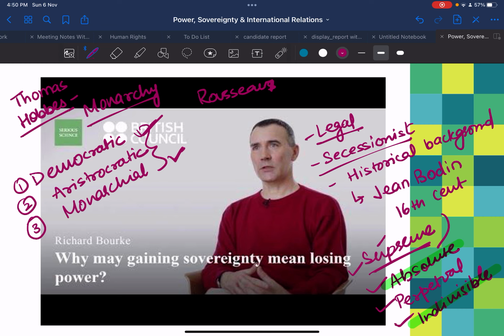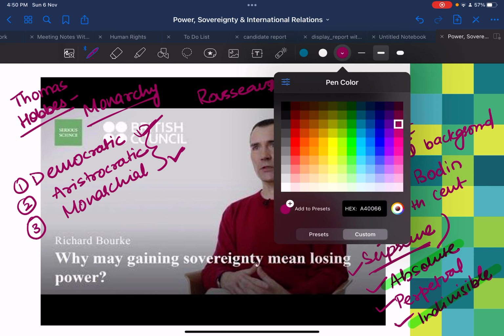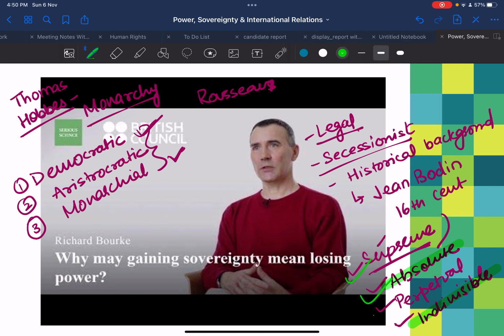Now apart from these features which we discussed, supreme, absolute, perpetual and indivisible, there are a few more features of sovereignty. Permanence, that means that sovereignty lasts as long as the independent state exists. It does not come into power with the new government, but it lasts long there.